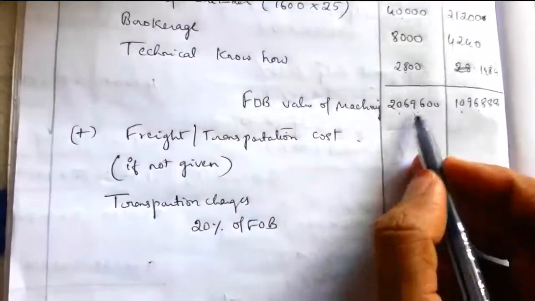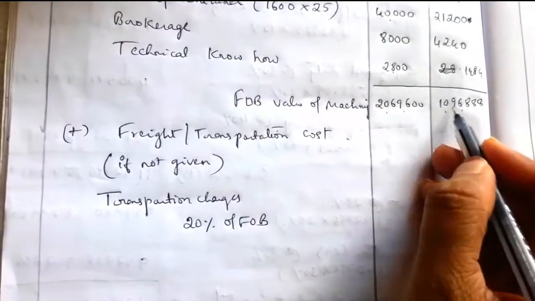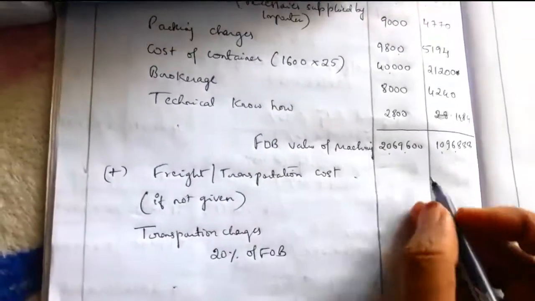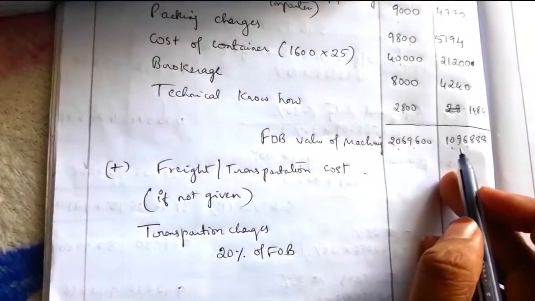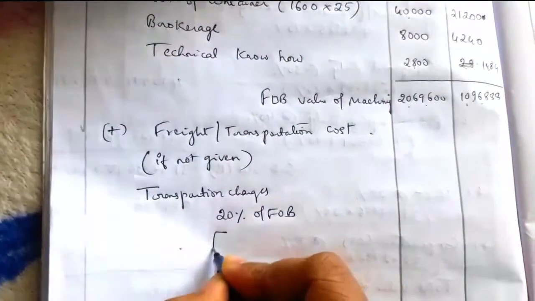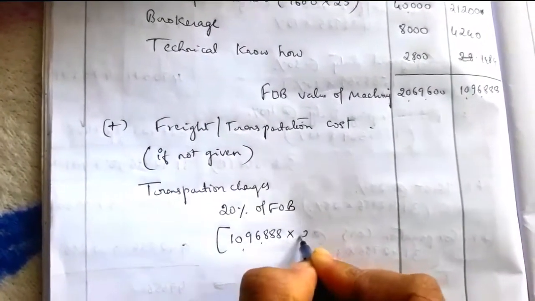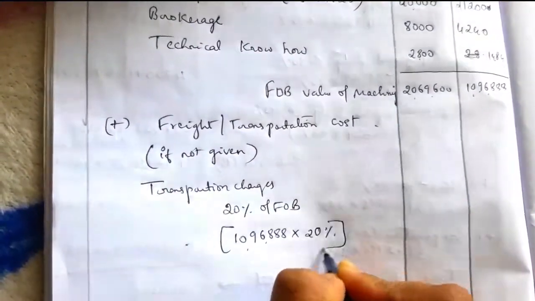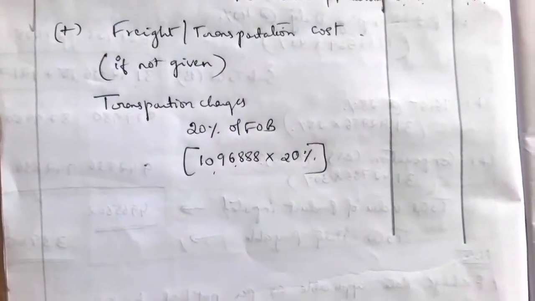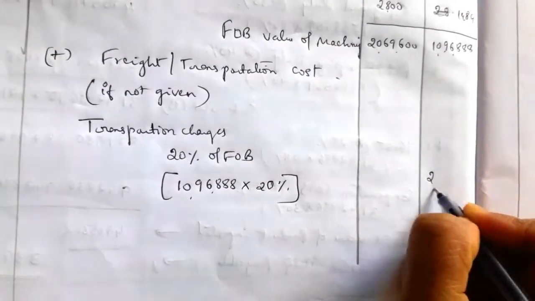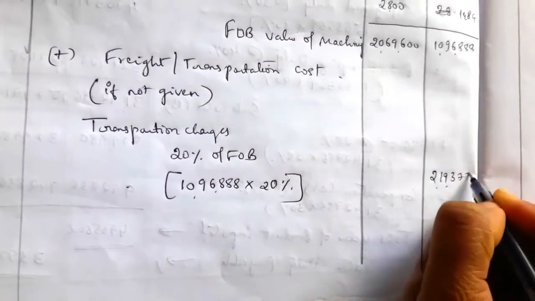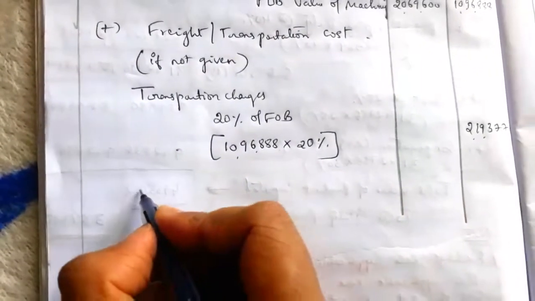We can take this or this, but it is better to take the rupee value directly. So 10,96,888 into 20% is equal to 2,19,377.